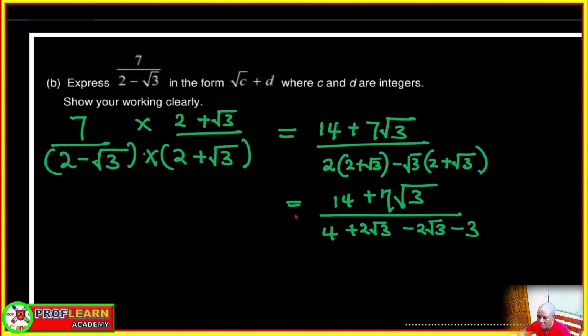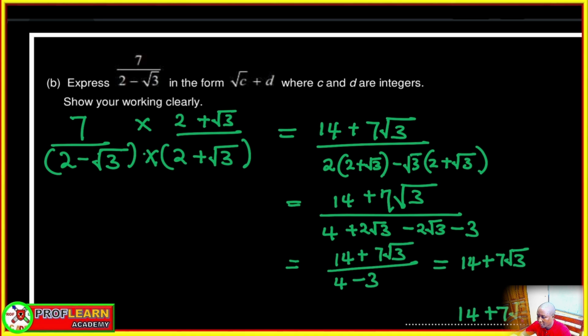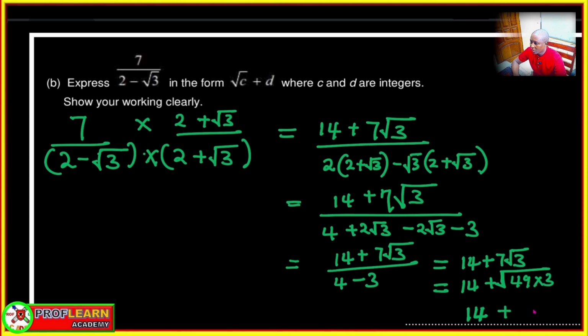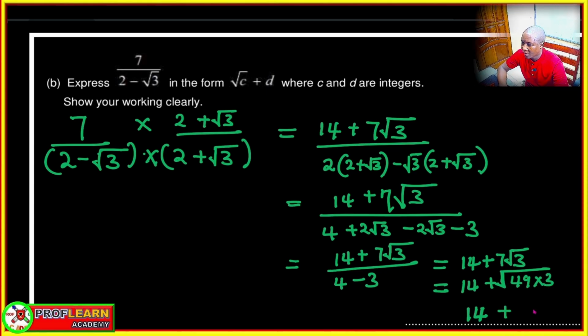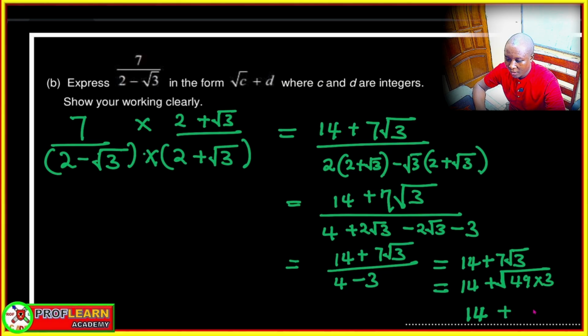Let me just move this a little bit. These two here will cancel out because root 2 root 3 minus 2 root 3 will be 0. So we end up having that expression there. So the final answer for our question becomes that. So that's how you are supposed to leave your answer.